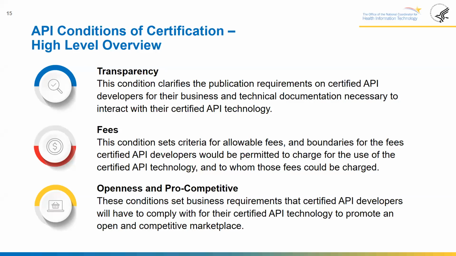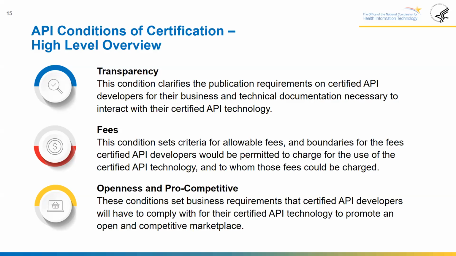In the fees condition, we have requirements that set criteria for allowable fees, guidelines for fees that health IT developers are permitted to charge, and to whom they can charge. There are 3 categories of fees that are permitted in the fees condition. First, we have the development, deployment, and upgrade fees.